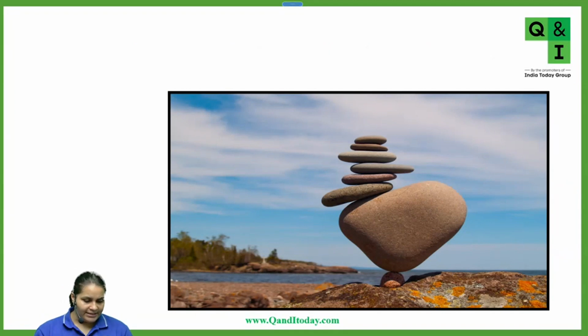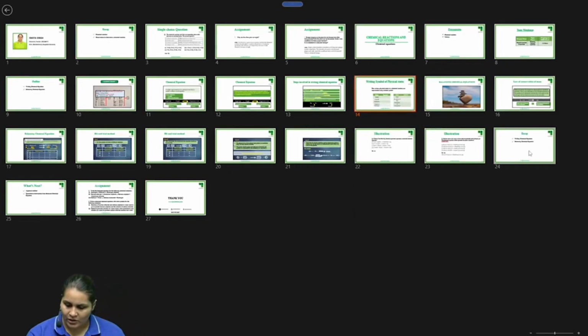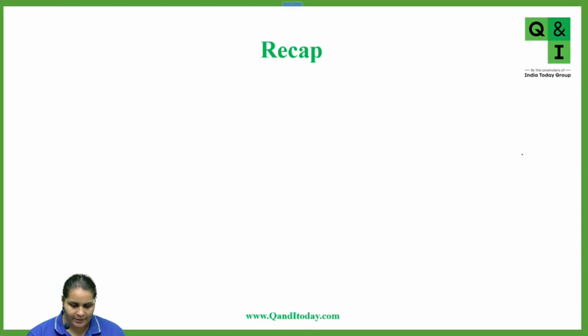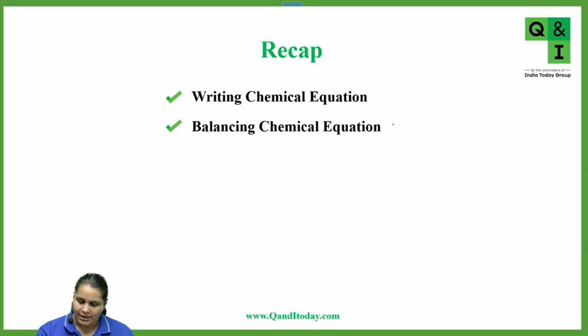Okay, so balancing is something we will do in the upcoming class. Right now, what have you learned so far? You saw how to write a chemical equation. I hope there's no doubt.